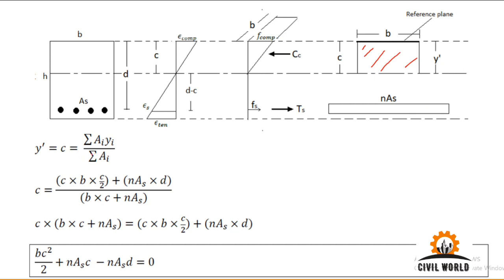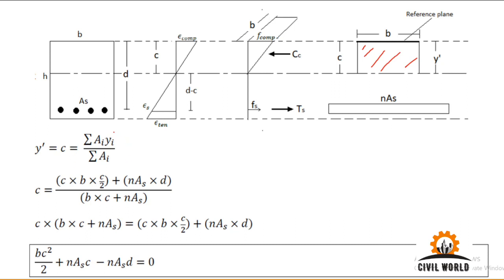So to locate the neutral axis location, which is at a distance of y bar from the topmost concrete fiber, which is equal to c, we take the top concrete fiber as the reference plane. So to locate neutral axis, we'll use first moment of area.